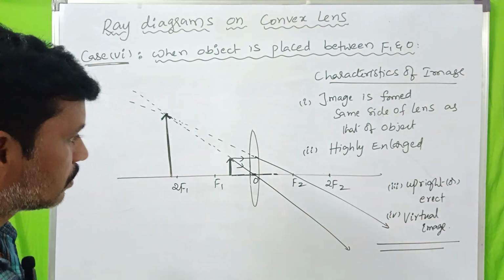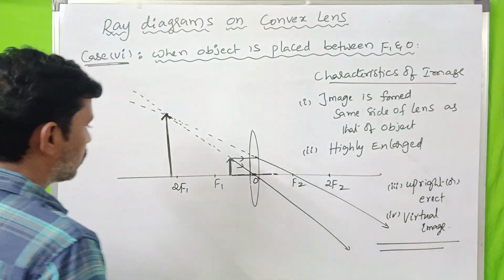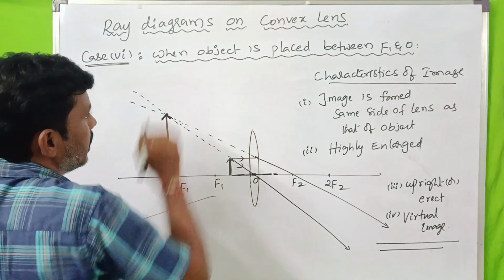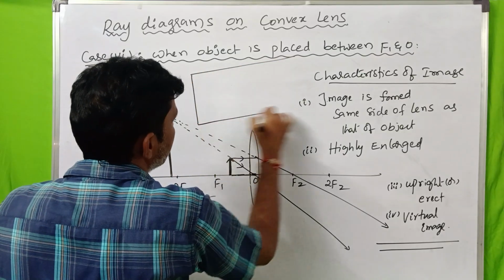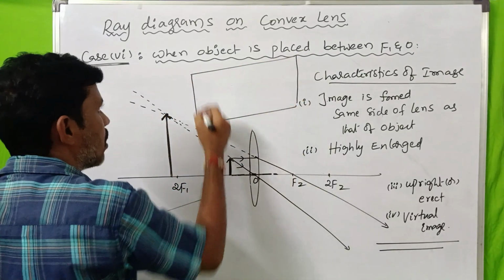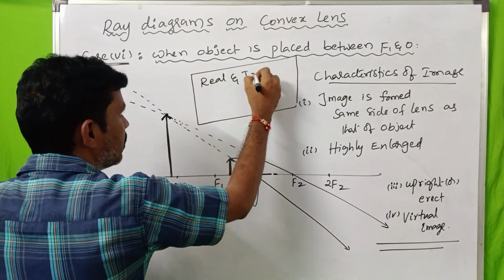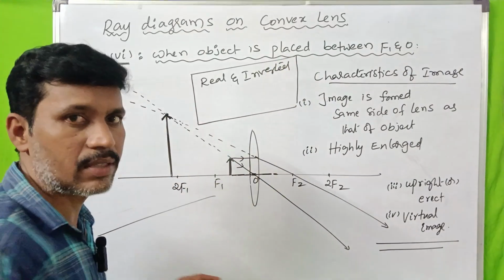Okay right Nana. So let us recall all things one time. So convex lens forms real and inverted, am I right? Real and inverted. Case 1, case 2, case 3, case 4.